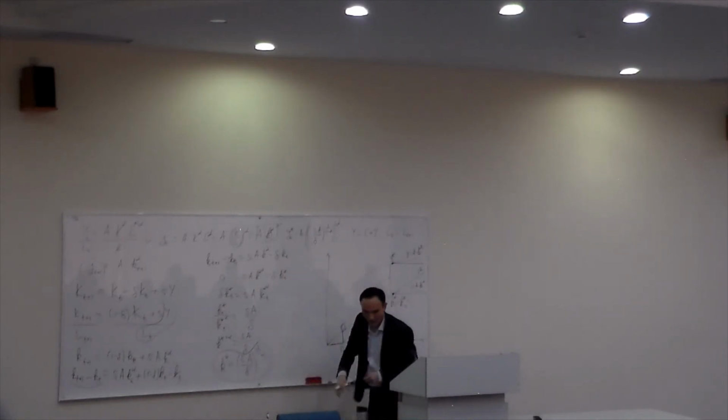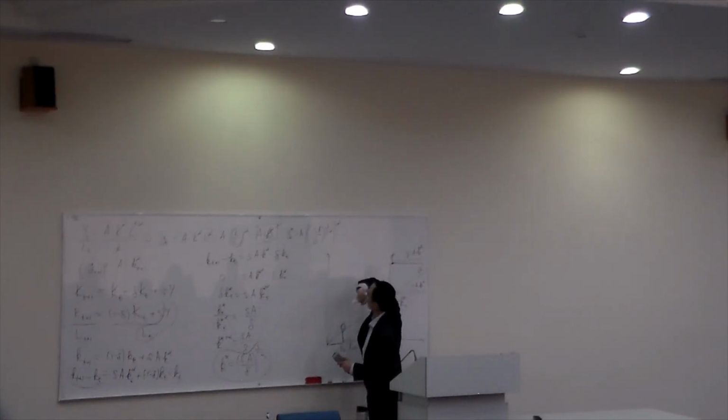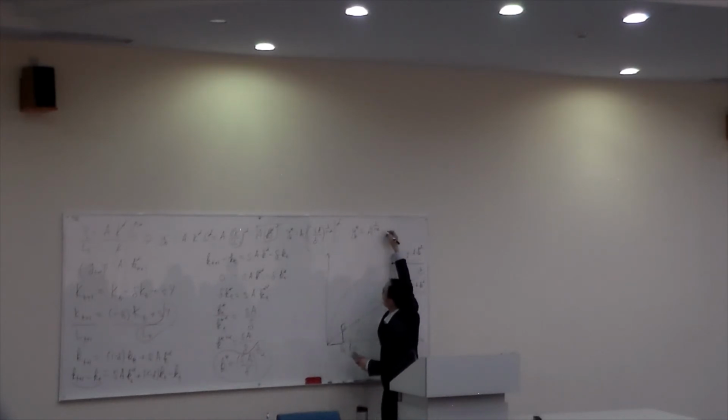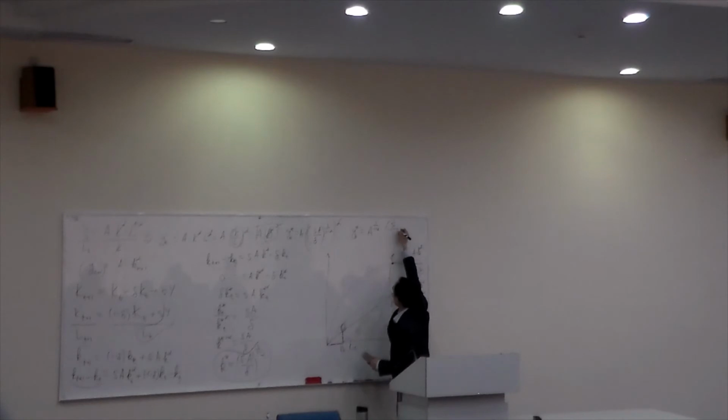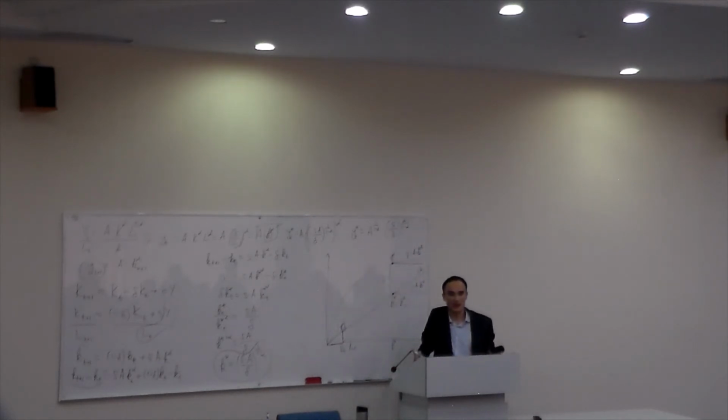If you simplify it, y star is equal to A to the 1 over 1 minus alpha times saving rate over depreciation in the power of alpha over 1 minus alpha. This is per capita output in the steady state level.